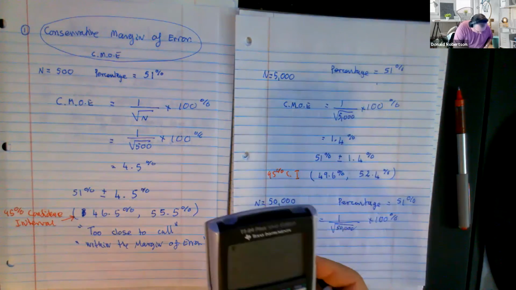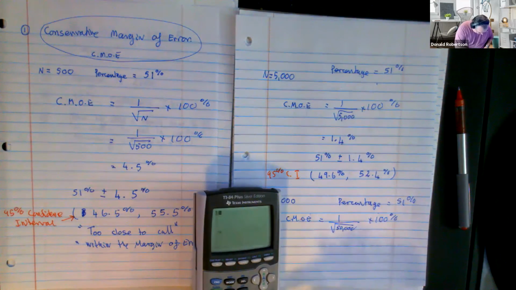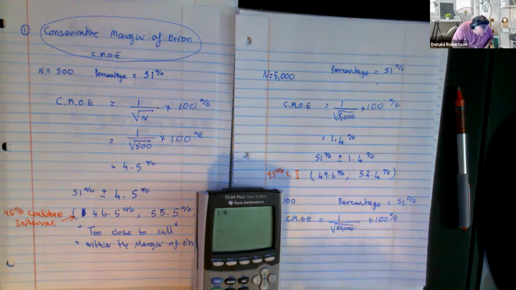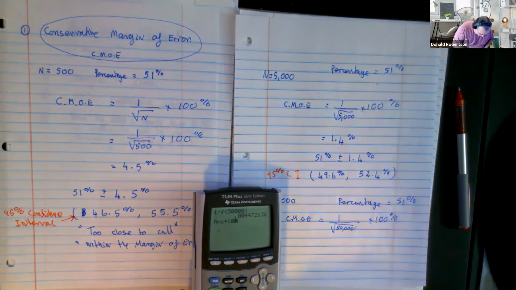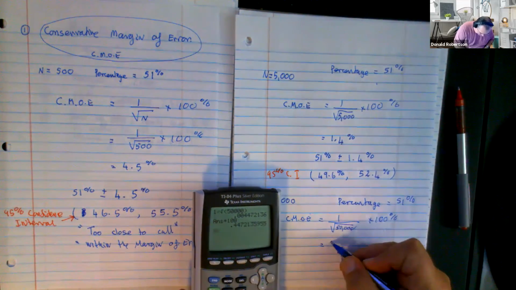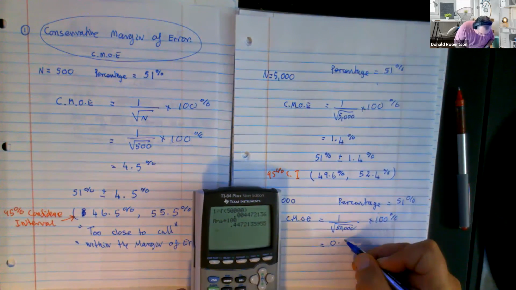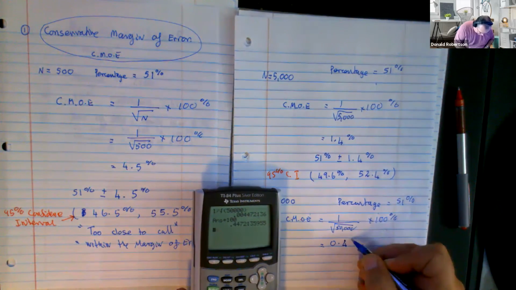And what we've got now is 1 divided by the square root of 1,000 times 100. And the answer we got, and I was hoping to get that, let's just call it 0.4%.